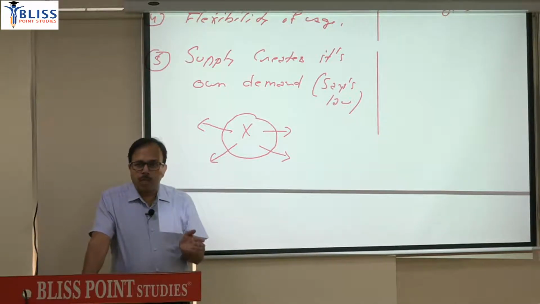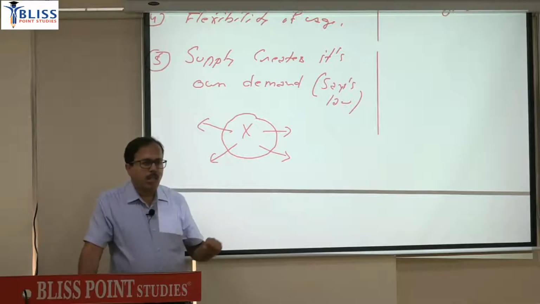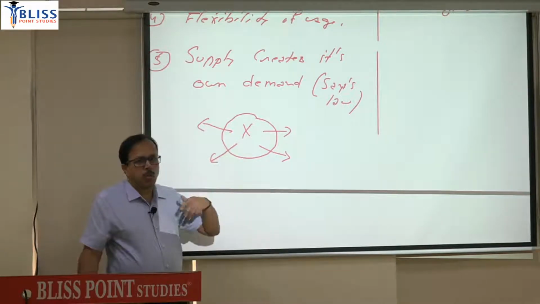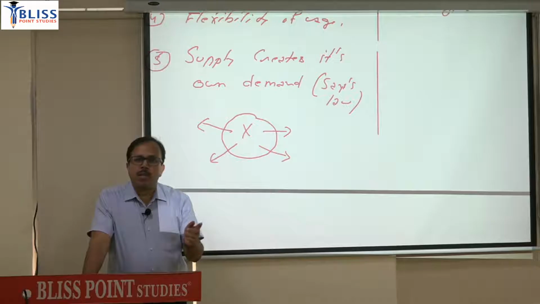In a simplified example, if the economy is producing only this product, you are spending only on that product. So production generates income and income will be spent on the commodity. In that way supply creates its own demand.